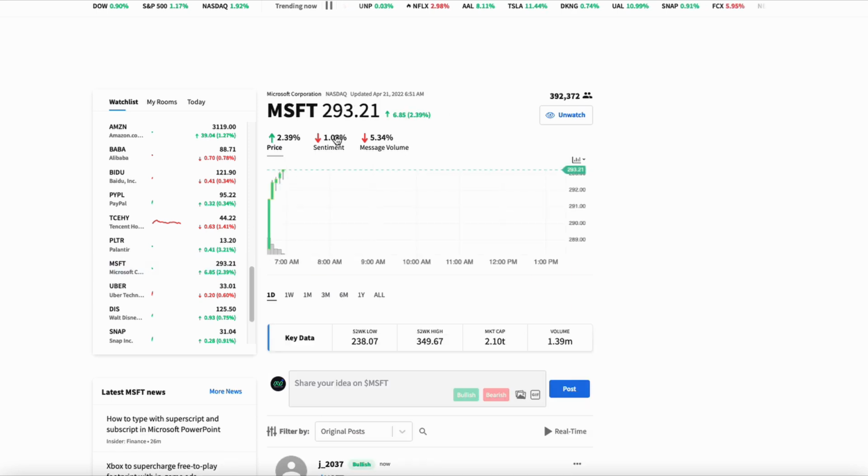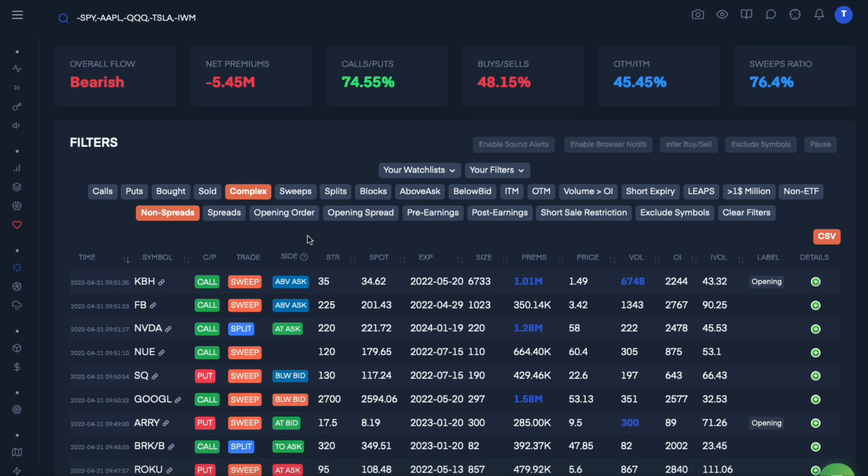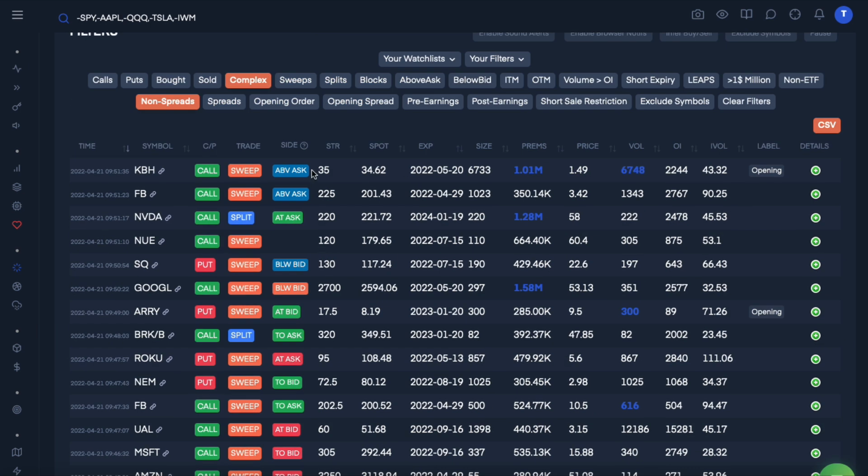All right, look at this. So Microsoft, we caught it at 289. Then we saw some other bullish flow. Now it's at 293. So there's your really nice play. You can see some calls above ask, at ask.